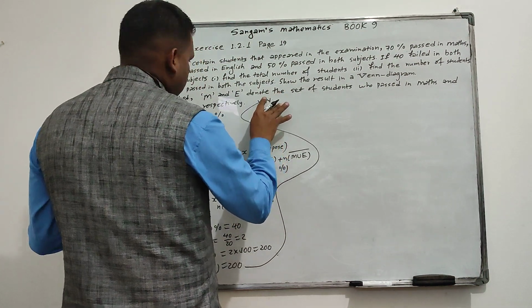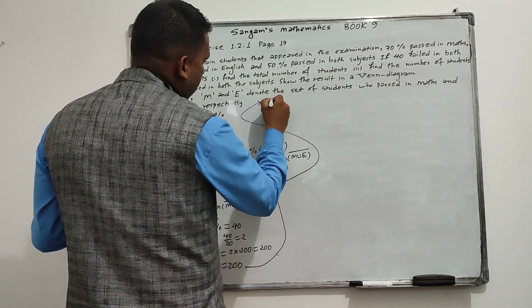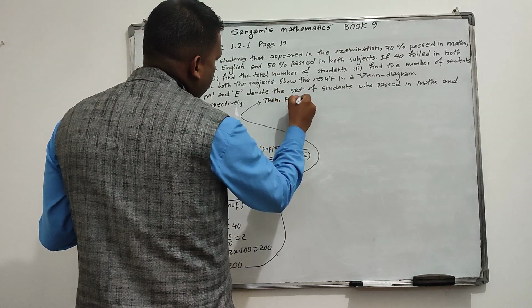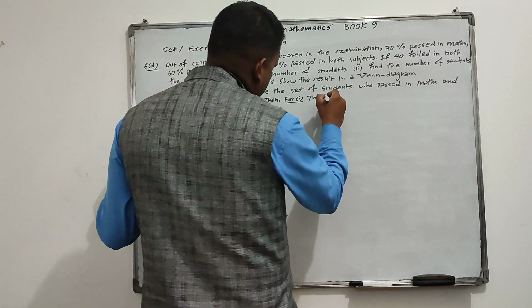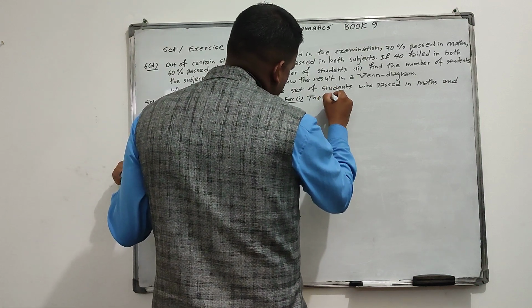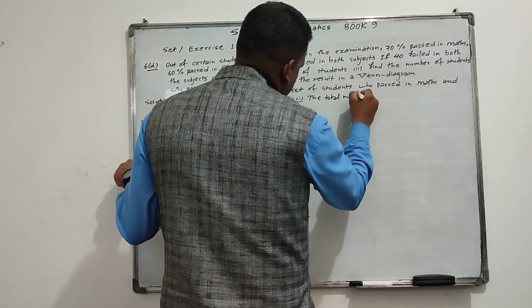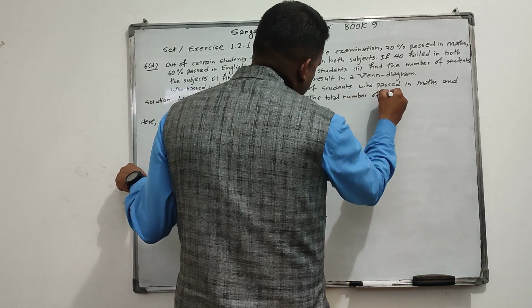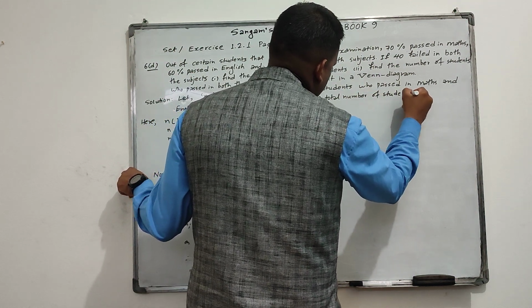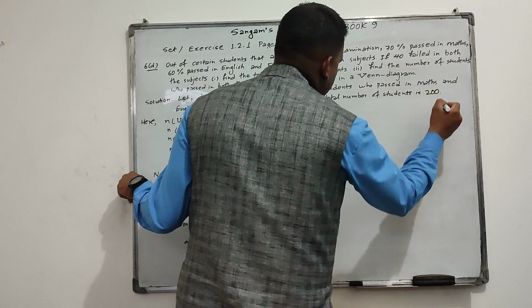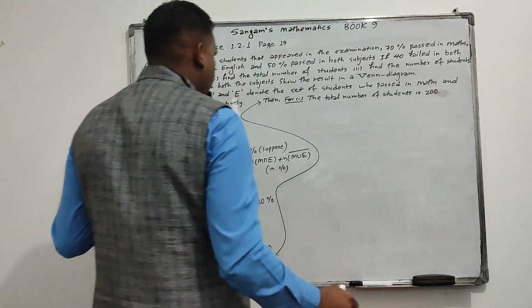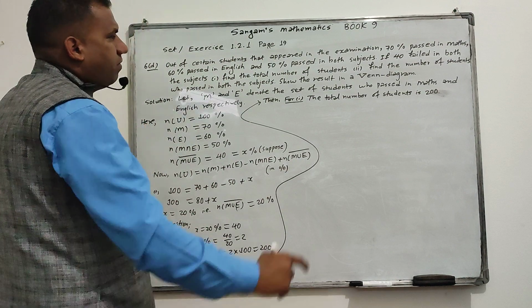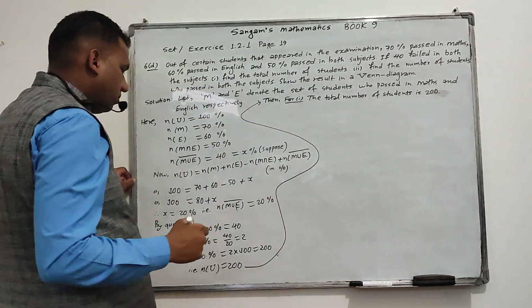For 1, the total number of students is 200. Second part, find the number of students who pass both the subjects.